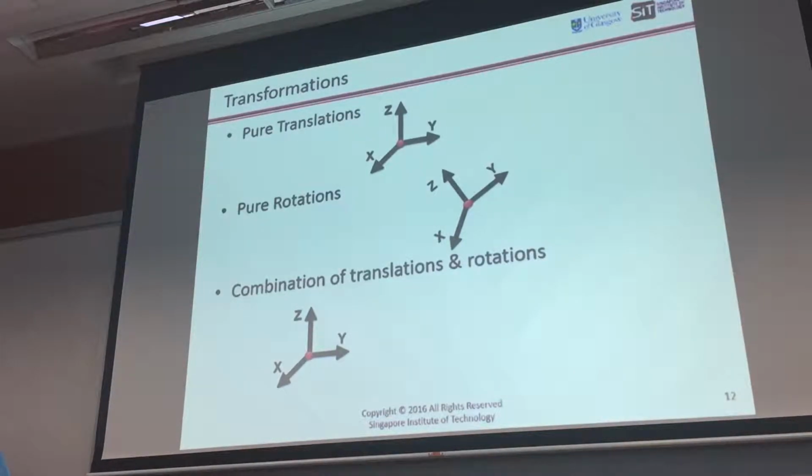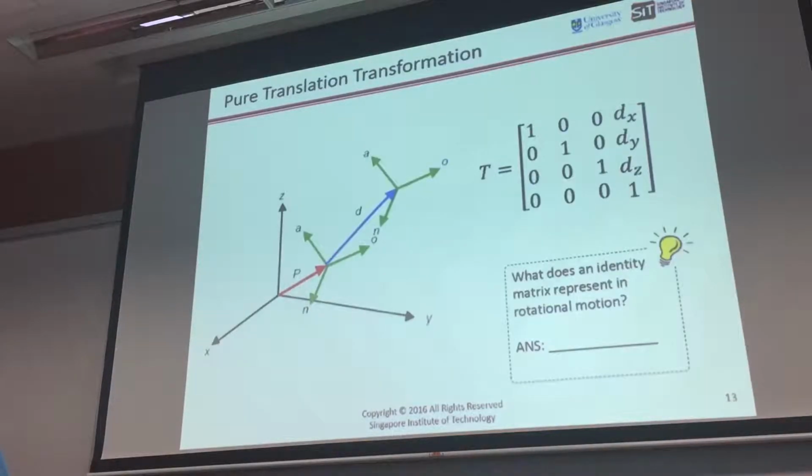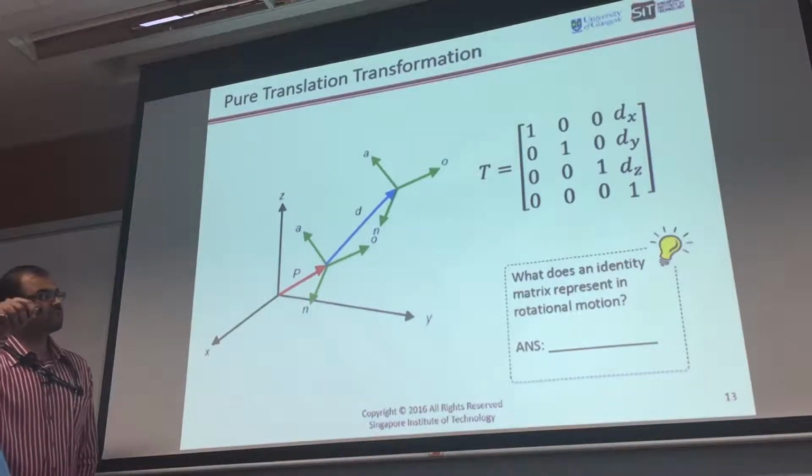You can have a few types of motion: pure translation, that means there's just a movement by X, Y, Z. You can have pure rotation, that means the origins of the two frames before and after are the same, just that they have moved a bit. Or you can have a combination, which is what you will mostly face. So again, if you have pure translation, remember this format, this is very important.